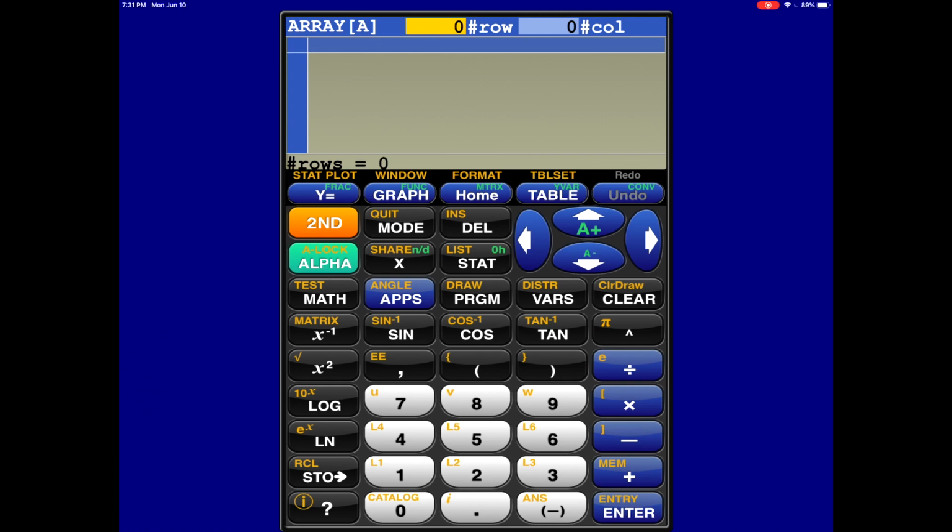And so we want to enter the number of rows. We have a matrix that is a 3 by 4, right? And then we just enter each of them in. So the matrix is going to be 1, 0, 2, 9.